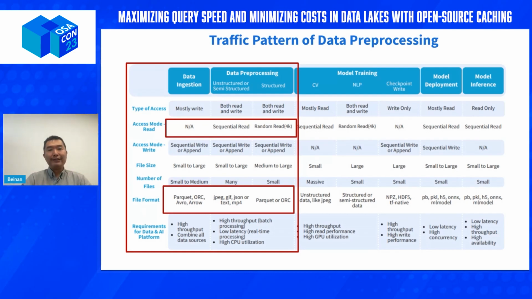All of these data formats may have very unique traffic patterns. For images, mostly you will see a sequential read, which means you read data from the very beginning to the very end. But for Parquet, for structured data, you may see random reads, because you may touch the index and go through the data based on the structure. Maybe you start from the very end and seek back to the very beginning. So from the cache's view, it looks like a random read pattern.